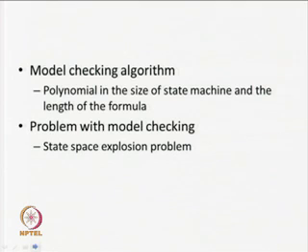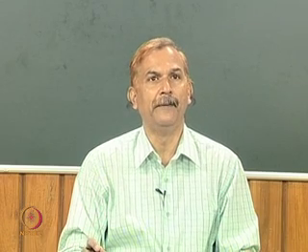So, we have a polynomial time algorithm and an automatic methodology. We can implement this algorithm and automatically check whether a given formula is true in a given model or not. Manual intervention is not required. So, we are happy with that.